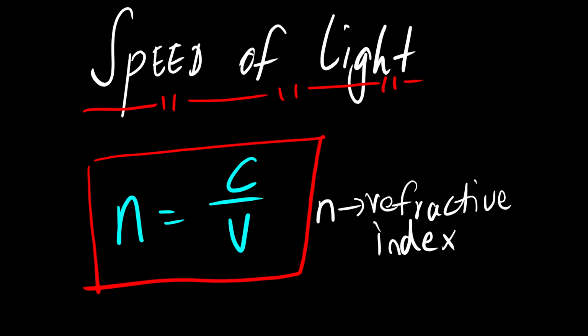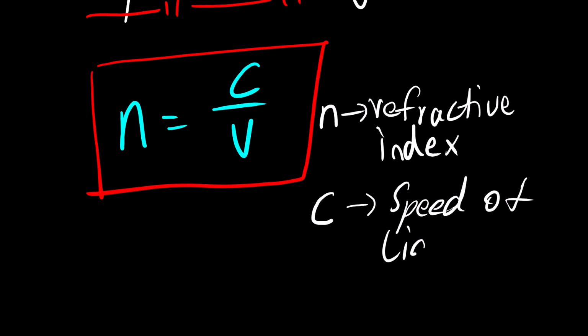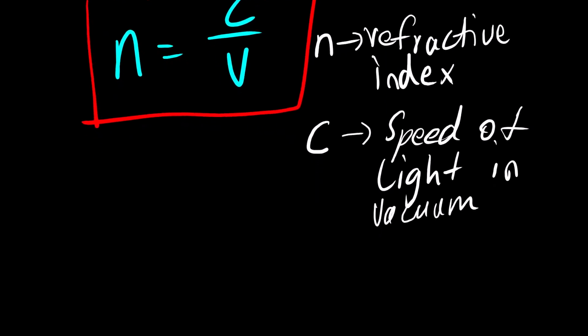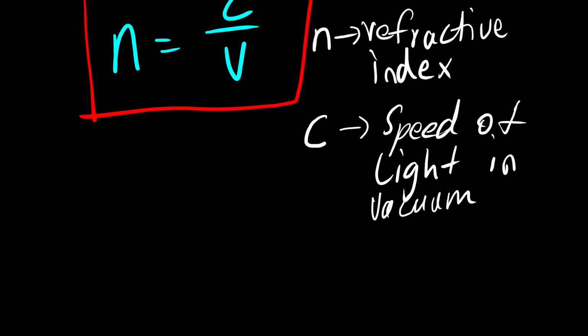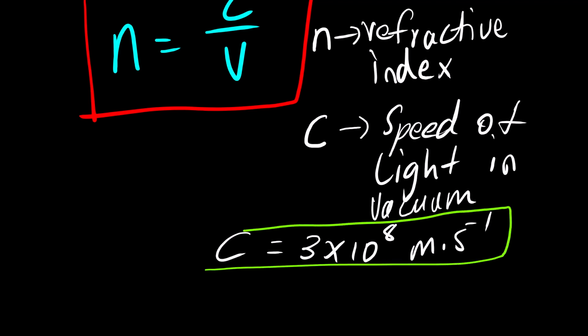That is the speed of light, represented by the letter C, the speed of light in vacuum. C equals 3 times 10 to the power 8 meters per second. Write this down, it is very important.